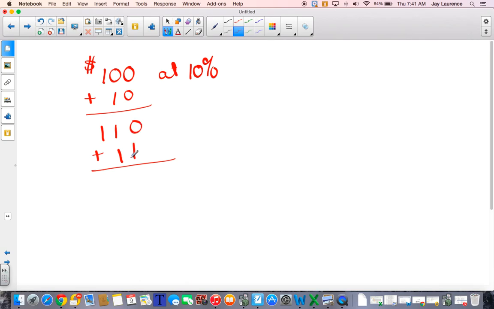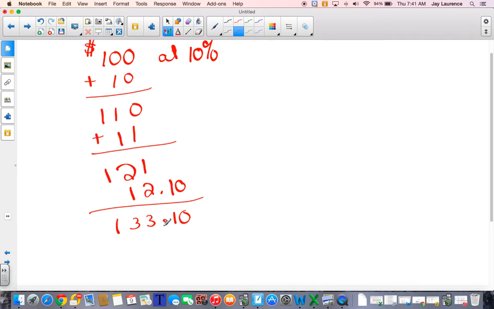Okay. So where would it be here? 121. Well, then I get 10% of that for the third year. So I'm taking 10% of this. So then I would need $12.10. And so I know how to add, Mr. Laurence. At the end of 3 years, I have $133.10. And how about at the end of 4 years?